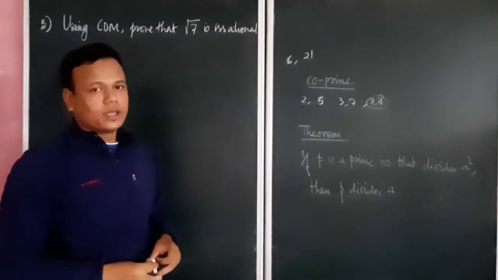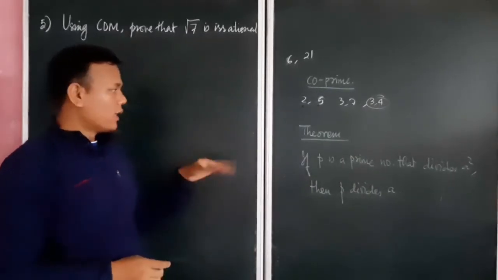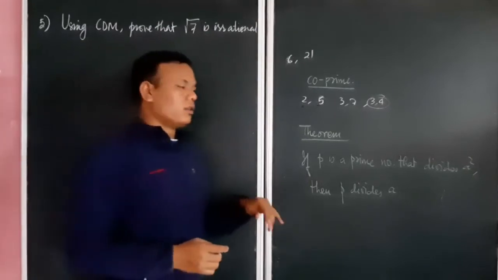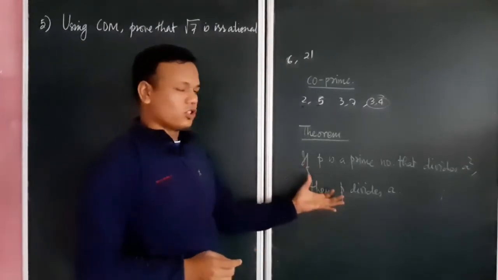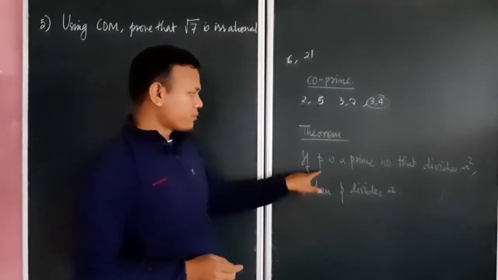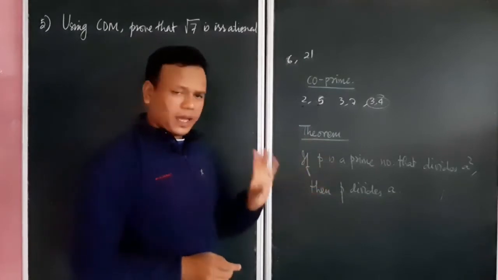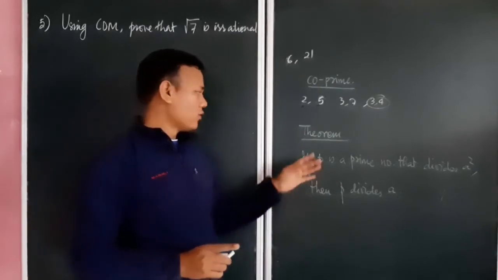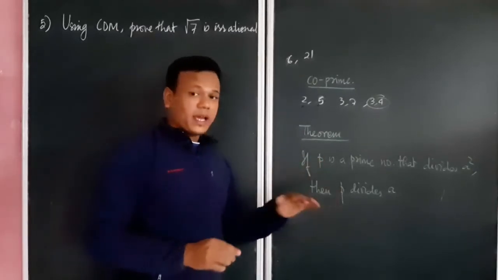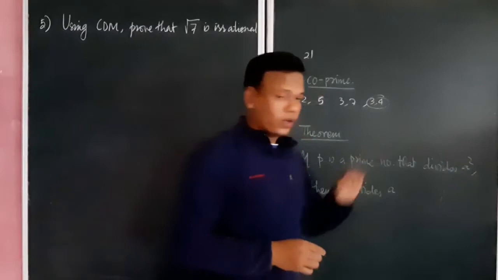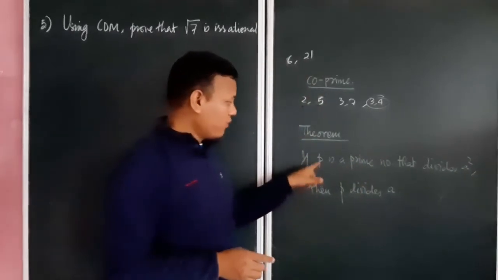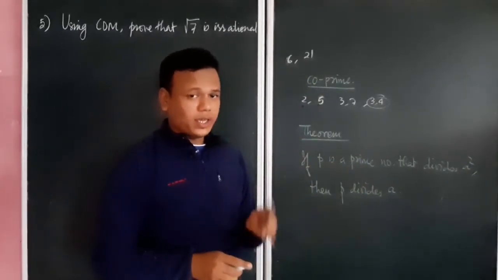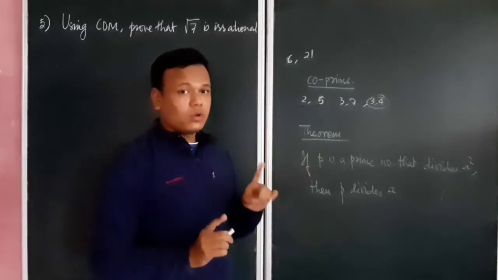Now the next thing that we have to learn is this special theorem. This theorem says, if p is a prime number, you know, 2, 3, 5, 7, and it divides a square, then p will divide a also. So these are the two things that you need to remember.